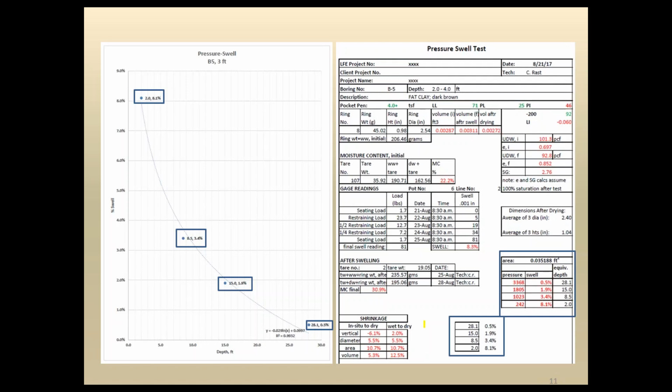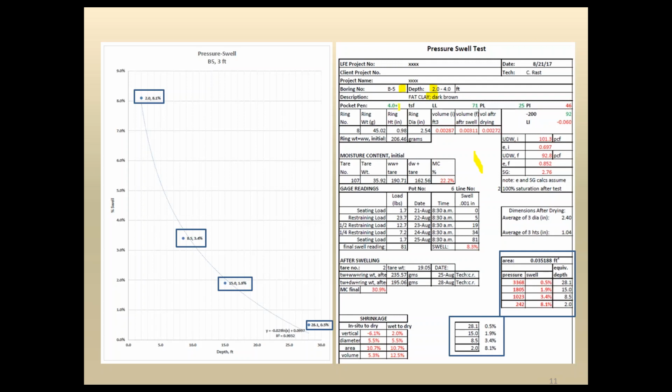So here is a display of the lab paper, of all the lab data. You see the usual information, the boring and the depth that we're at, the description of the material.